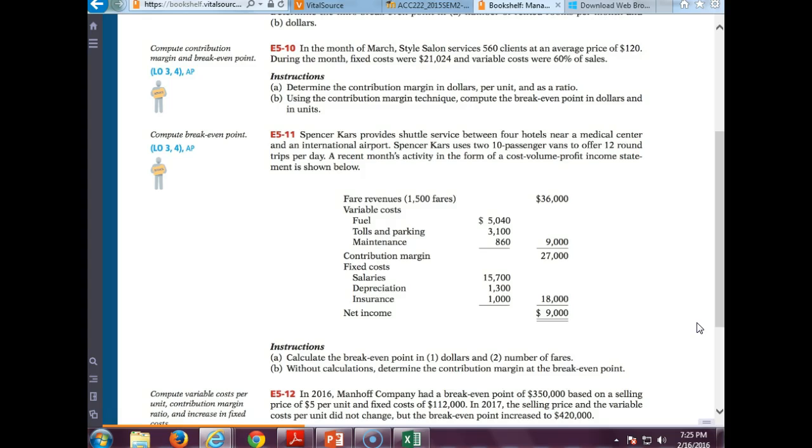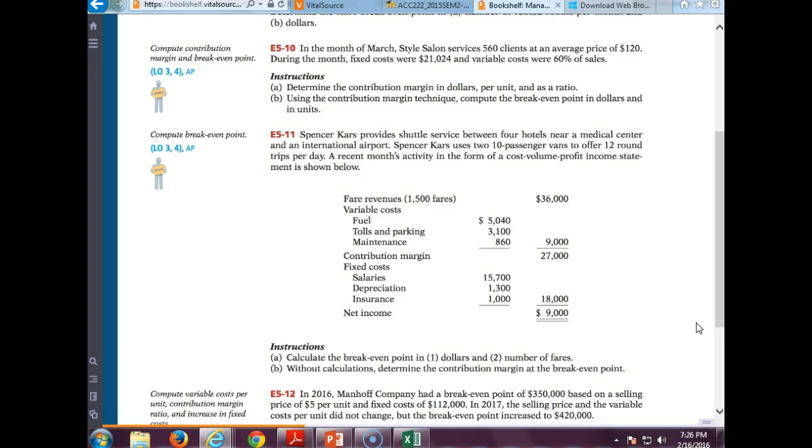So they show fare revenues at 1,500 fares, $36,000, and the variable costs, the fuel, the tolls, and the maintenance, gives us our contribution margin. Then our salaries, depreciation, and insurance gives us our net income. And they want us to figure out what the break-even point is.